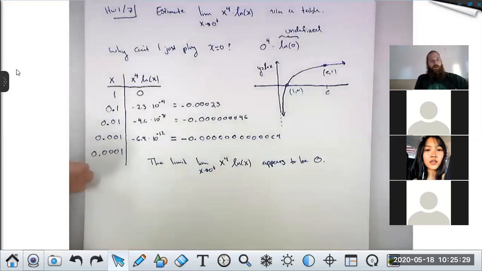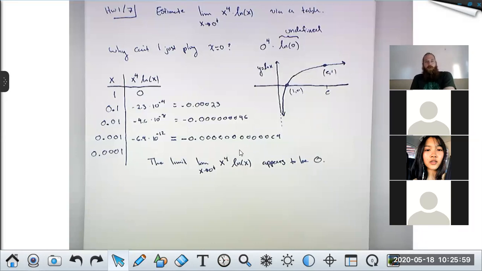I know we had a lot of discussion there, but this process of writing the table and coming up with the idea that the limit is 0, any questions on how we did that? Fair question.